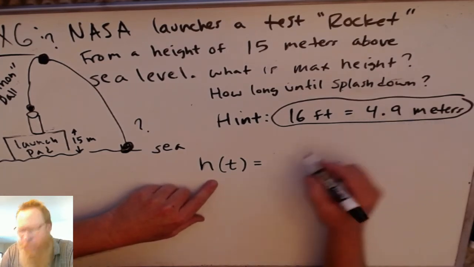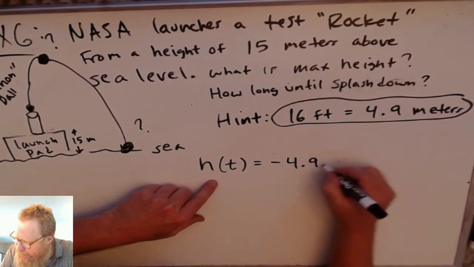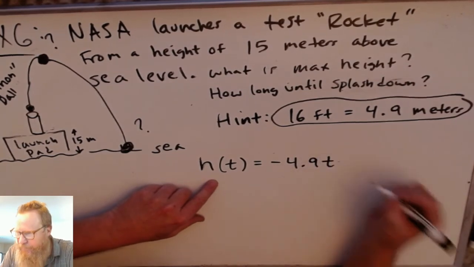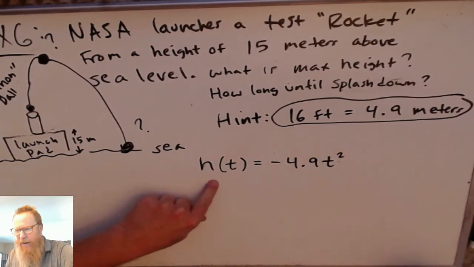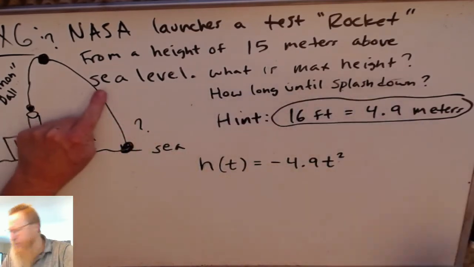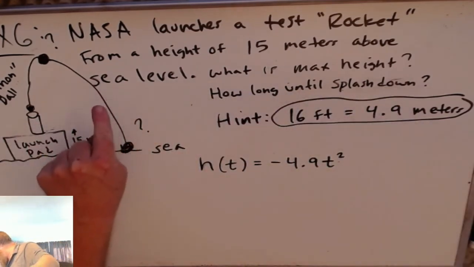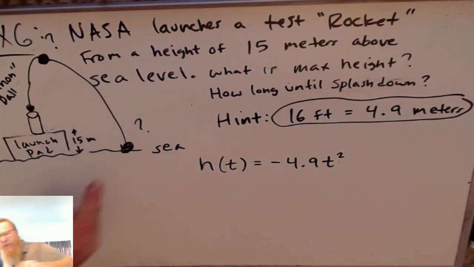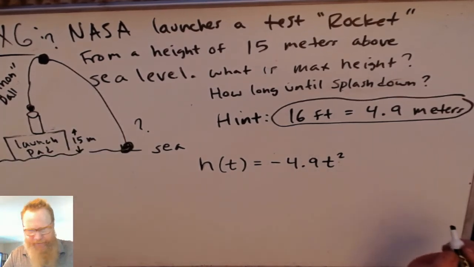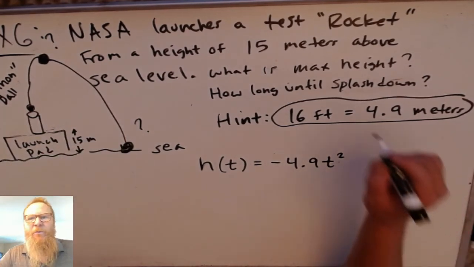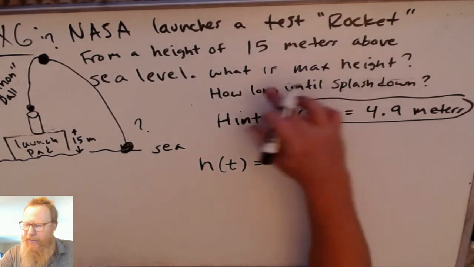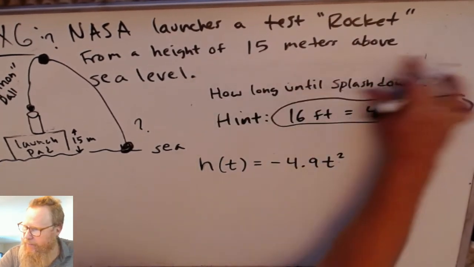Okay, so 4.9 becomes our leading coefficient, t squared. Oh, shoot. I was talking too much and I left out something. Initial velocity is 166. Where could I squeeze that in? Right here.